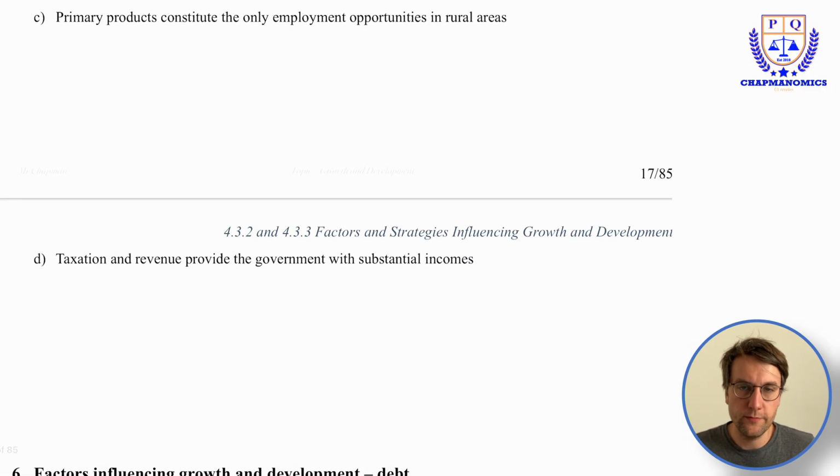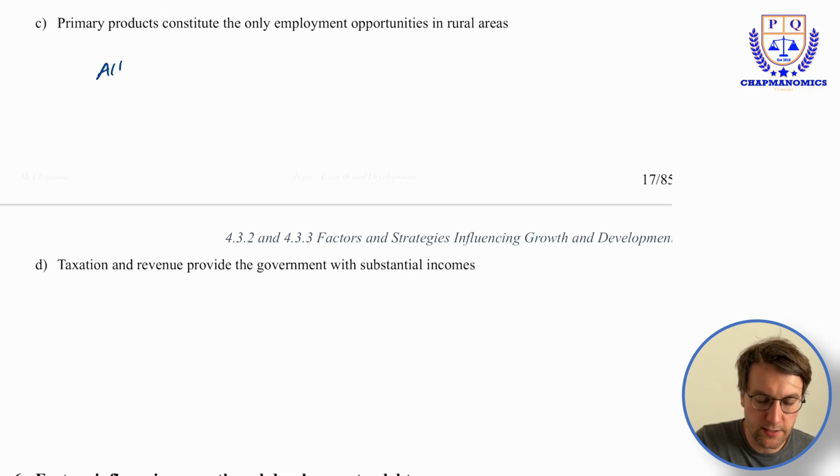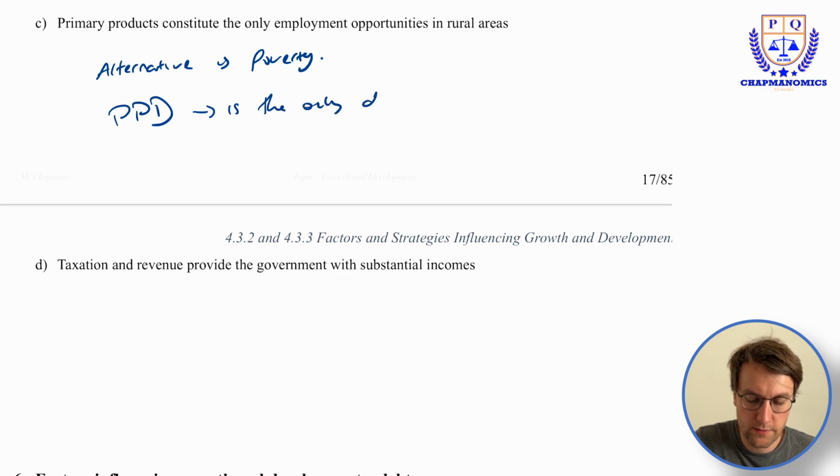And then also, primary product dependency is not necessarily such a big problem if primary products constitute the only employment opportunities in rural areas. And this basically means that the alternative is poverty. And so here really what we're saying is that primary product dependency, PPD, is the only development opportunity.